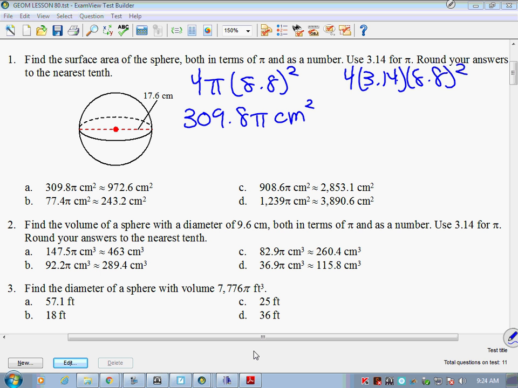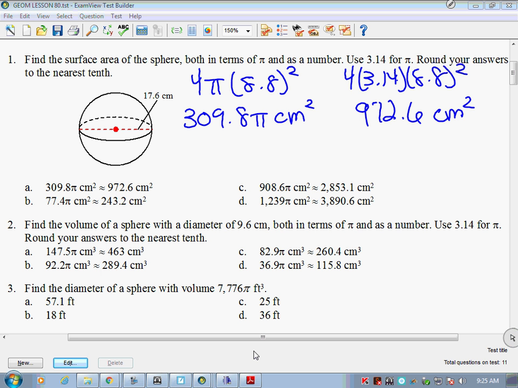Caleb, you got a calculator or are you doing it on your Chromebook? 972 point what? 972.6. It just went to the nearest tenth centimeters squared. So our answer there comes out as A. Does that make sense? We understand what we're doing there? Okay. We only have about, what do we got, 11 questions?